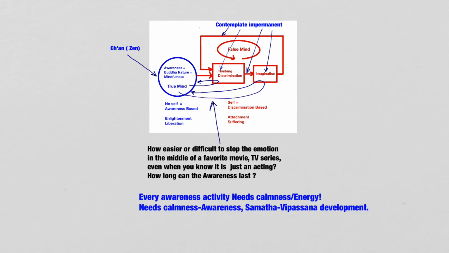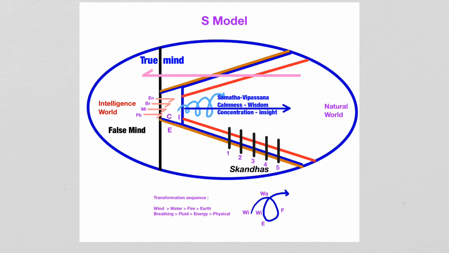So that is the issue, that you need the awareness and the calmness developed. That's the reason why we need the samatha vipassana development. Now, go back to this S model.